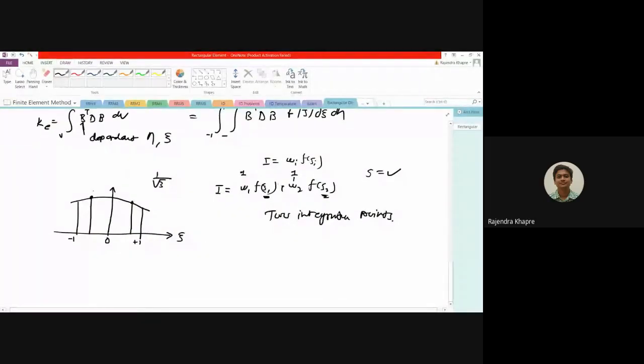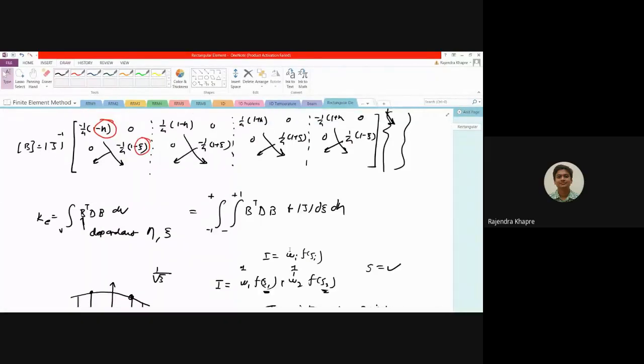On similar lines we now have to go for integration, but this is a 2D case, because over here this is a double integration. You have to integrate for xi as well as for eta.